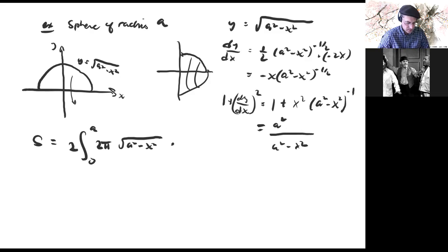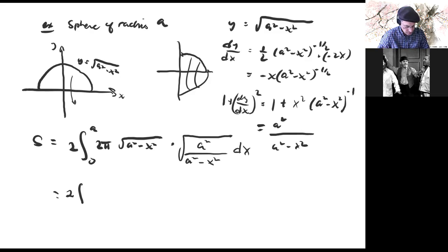I believe that's correct. So therefore, the ds term is the square root of a squared over a squared minus x squared dx. Okay, so that's what you get, and there's cancellation.